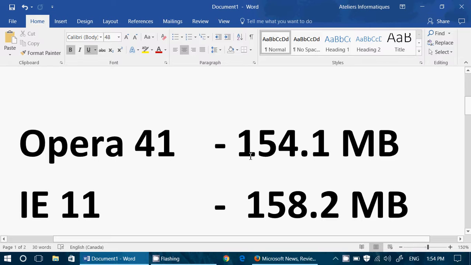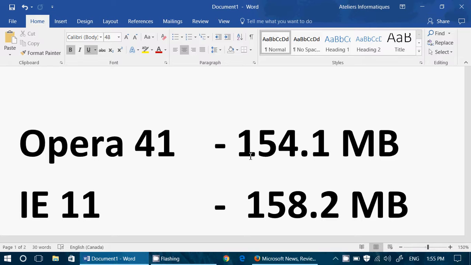You know, Microsoft did a lot of work on Internet Explorer 11 over the years, and it was one of those memory hogs for a long time, and it is much better in its version 11. Now, this is too close at 158.2 megabytes to really say which one uses the least amount of RAM. Why? Because while the task manager was refreshing, they interchanged positions.